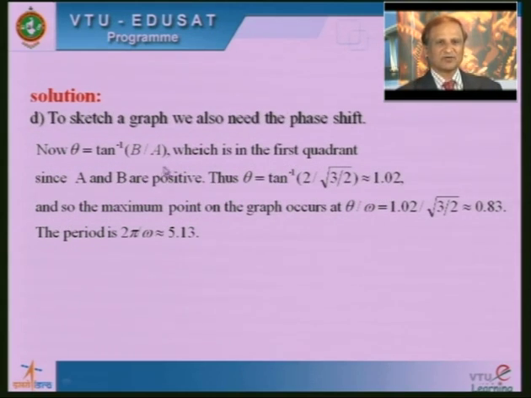So like that you can calculate the displacement and when it attains it. In a similar way we want to draw the diagram of the curve, because the last part of the given problem asks us to draw the diagram. To sketch a graph we also need the phase shift.